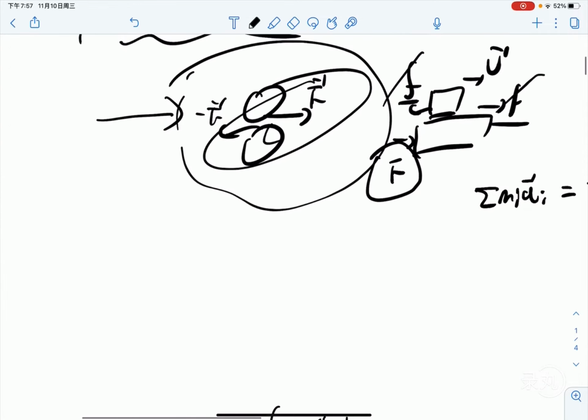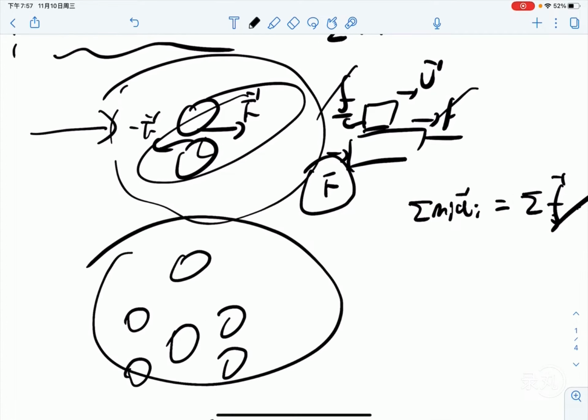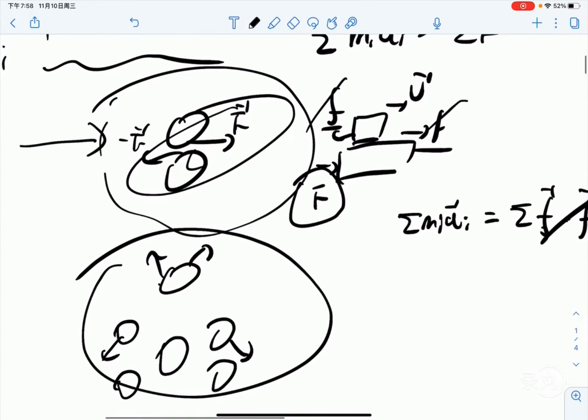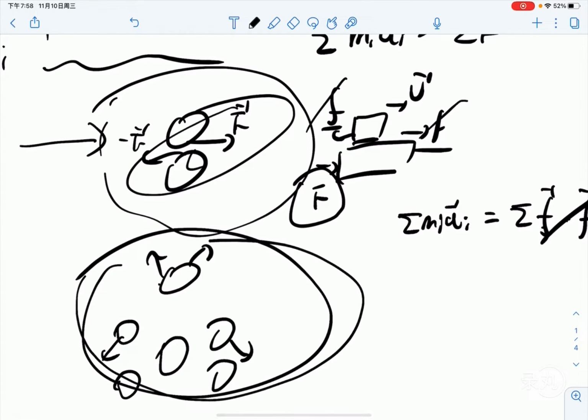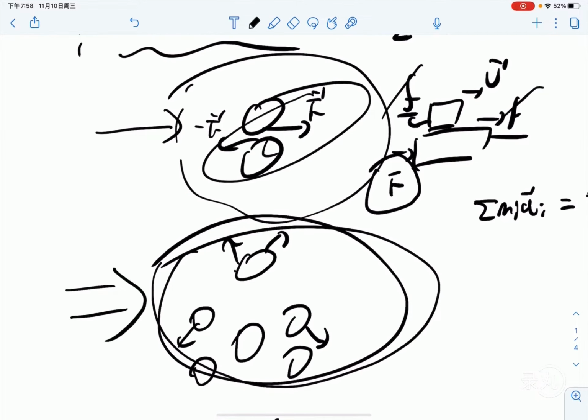By a similar case, if we consider a system of n objects, and they might exert electric force on each other, you can see that all the forces internal to the system cancel each other out because of Newton's third law, and the only thing we need to care about is the external force.